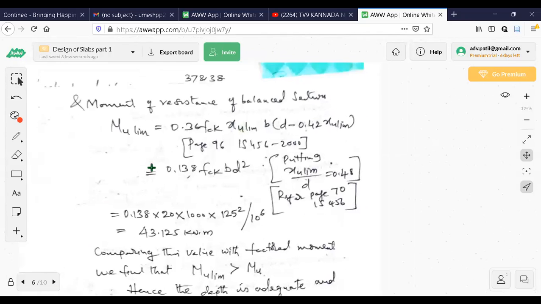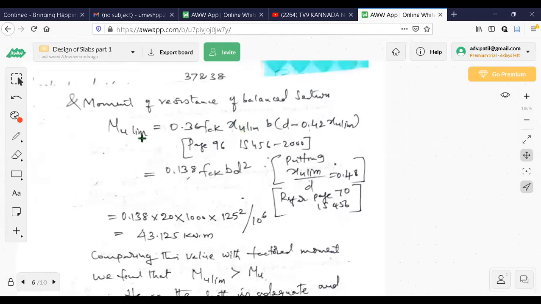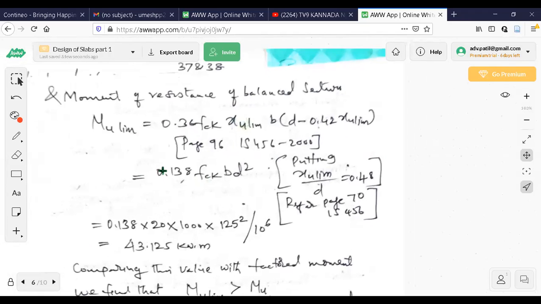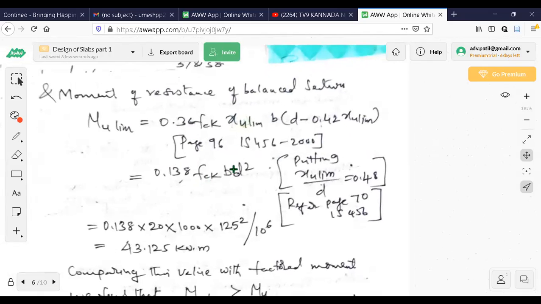For this one, Mu limit you calculate: Mu limit is 0.138 fck b d square. If there is a confusion, open page number 96, write the formula like this. Depending upon whether it is 500 or 415, constant 0.138 will change.